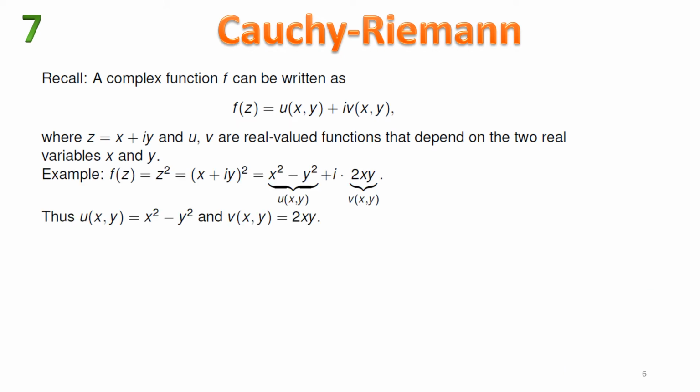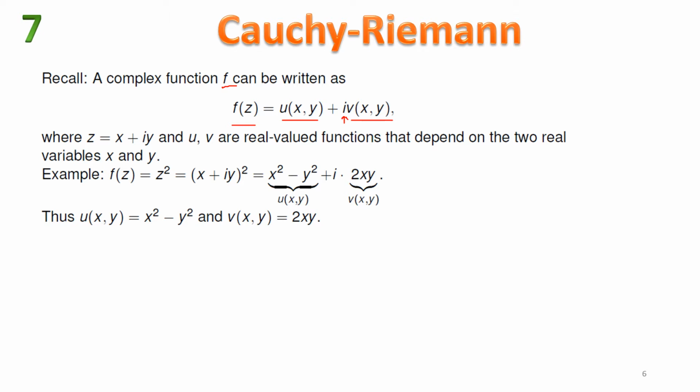Now, let us consider a function f, and let us suppose that it can be written as a sum of two components. The first component is a real component, and the second component is also a real component, which is attached with an imaginary number i. So f of z we are writing as u of x, y plus i times v of x, y.